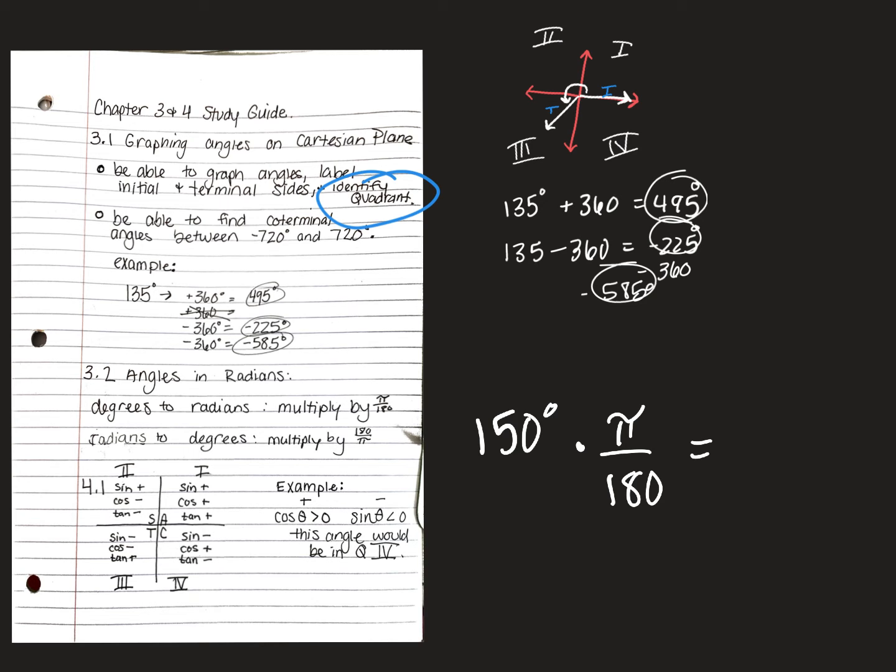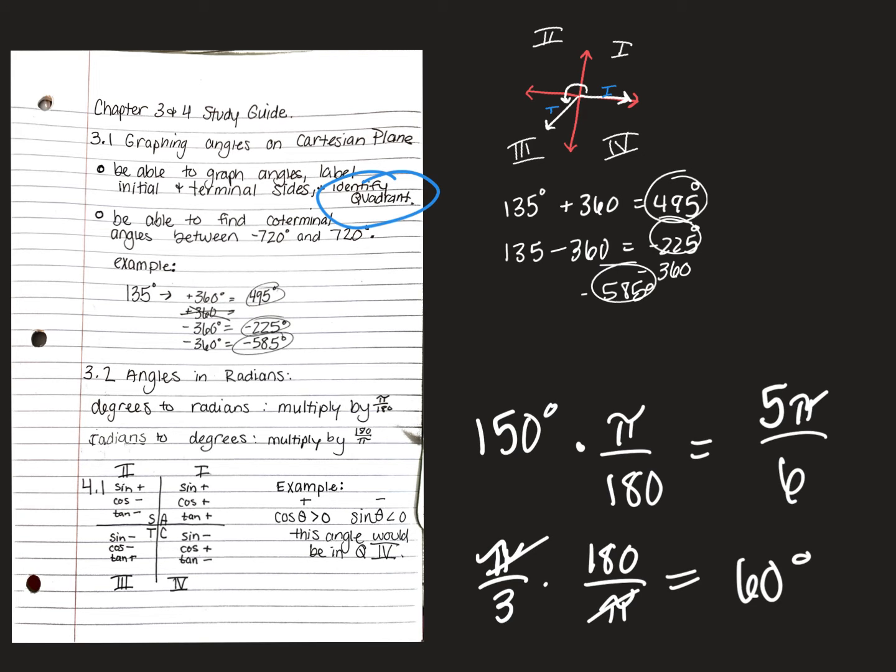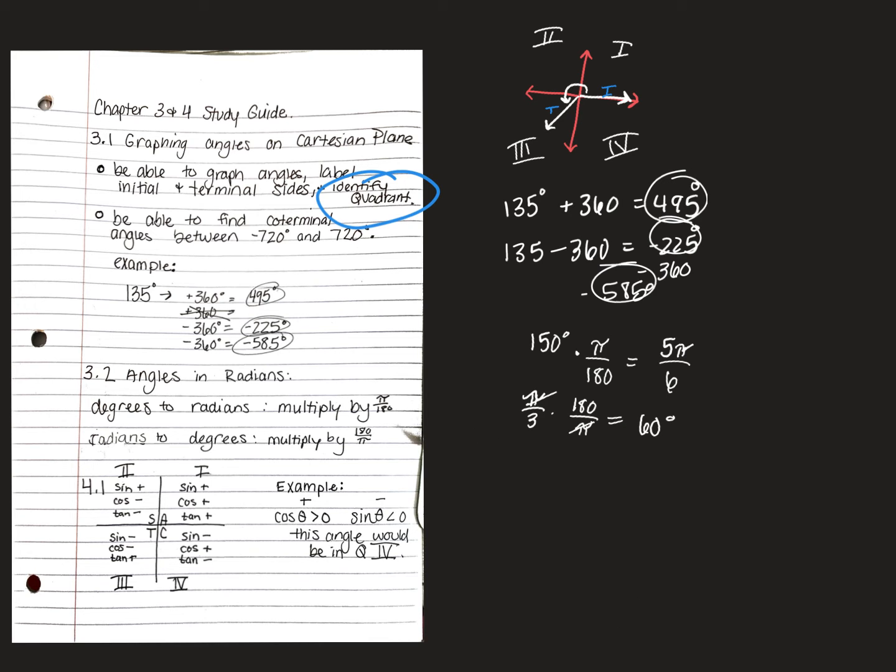So then when you multiply this together and reduce it, you end up with 5 pi over 6. Alright, so let's say then I have pi over 3 radians. I want that in degrees, multiply by 180 over pi. Right, pi's cancel. 180 divided by 3 then gives me 60 degrees. Again, you can use your calculator for these, so you shouldn't have any issues.